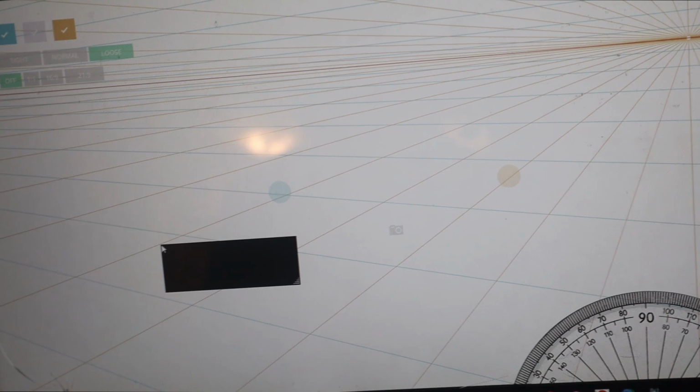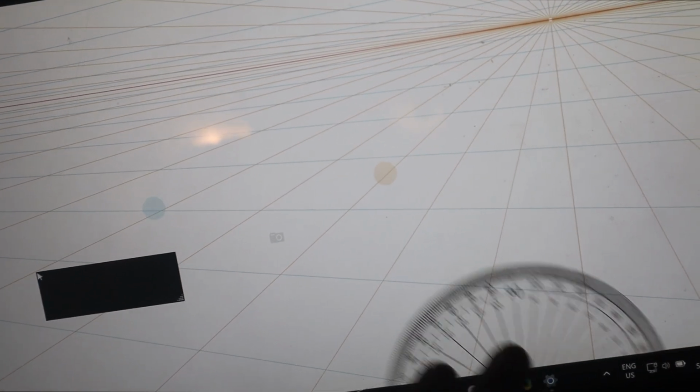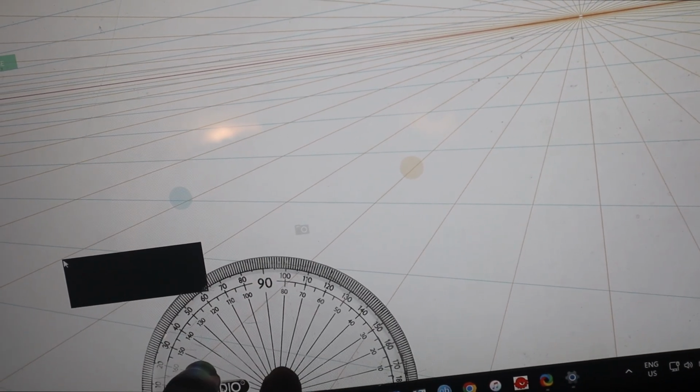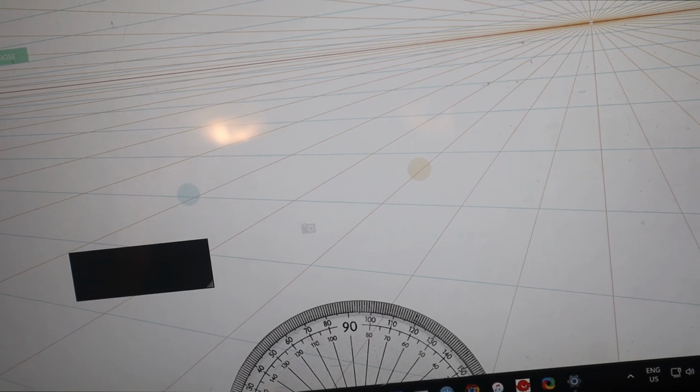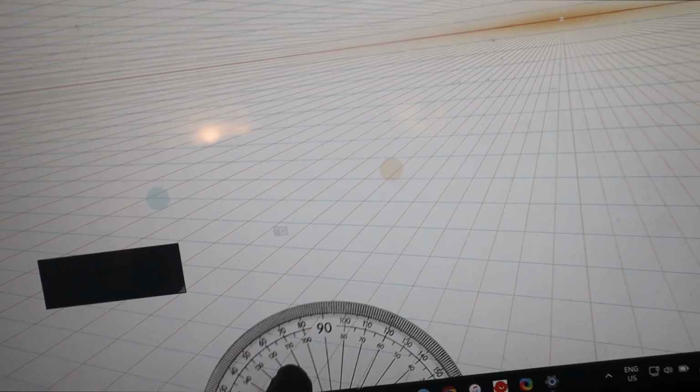There we go. Okay, there's no line here. I'll just put it in normal mode. Normal angles, there we go. There, as you can see, there's a line there.